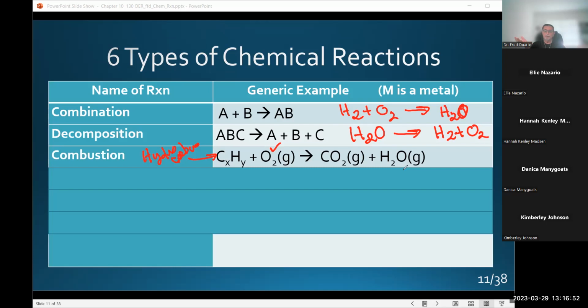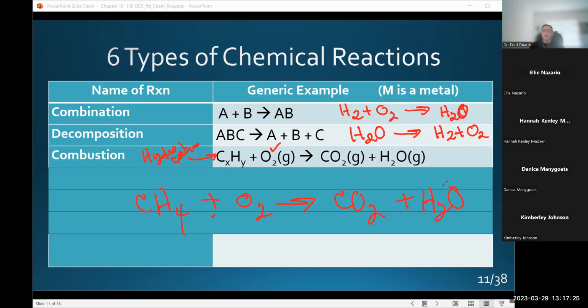So again, you may be asked to write the reaction for the combustion of methane, CH4. Well, recognize it's made up of nothing but carbon and hydrogen. Also know that you need oxygen, and the only two products created are carbon dioxide and water. So you just wrote the reaction for the combustion of a hydrocarbon.